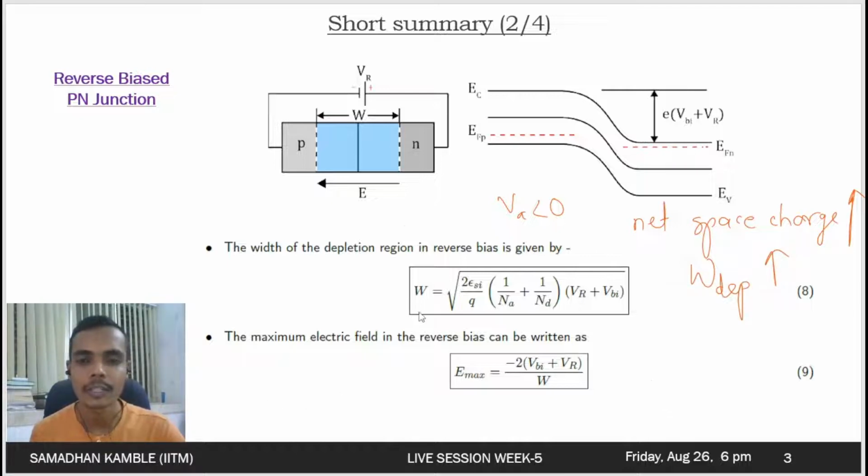Also, the width of the depletion region in reverse bias is given as a function of the applied reverse bias voltage, the built-in potential, and the dopant concentrations, acceptors and donors. The maximum electric field in reverse bias is given by this particular relation, which is also a function of the built-in potential and the applied reverse bias voltage.